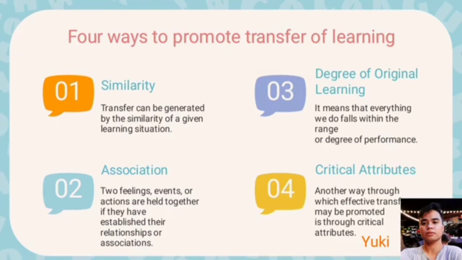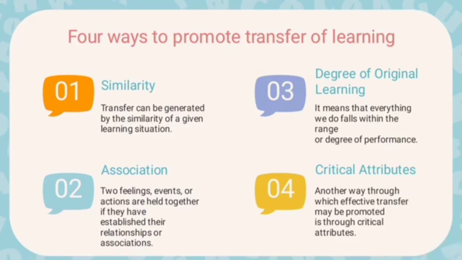A certain activity may be categorized as easy, average, or difficult. The fourth one, and the last, critical attributes. Another way through which effective transfer may be promoted is through critical attributes. Attributes are qualities or things that are caused by certain circumstances.